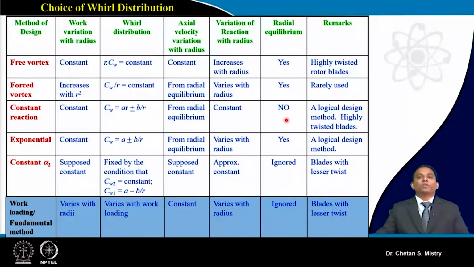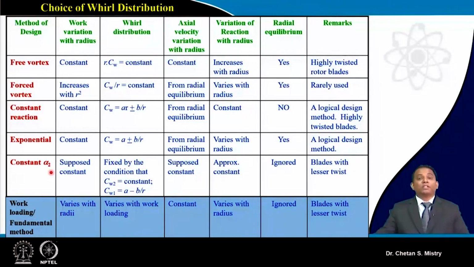People also call this a more logical design. Many fans and compressors in actual engines are found to have this kind of design configuration. We have discussed the variation of the exponent ranging from maybe 0.8 to 2, which is of a special category, and there we use this kind of design concept.